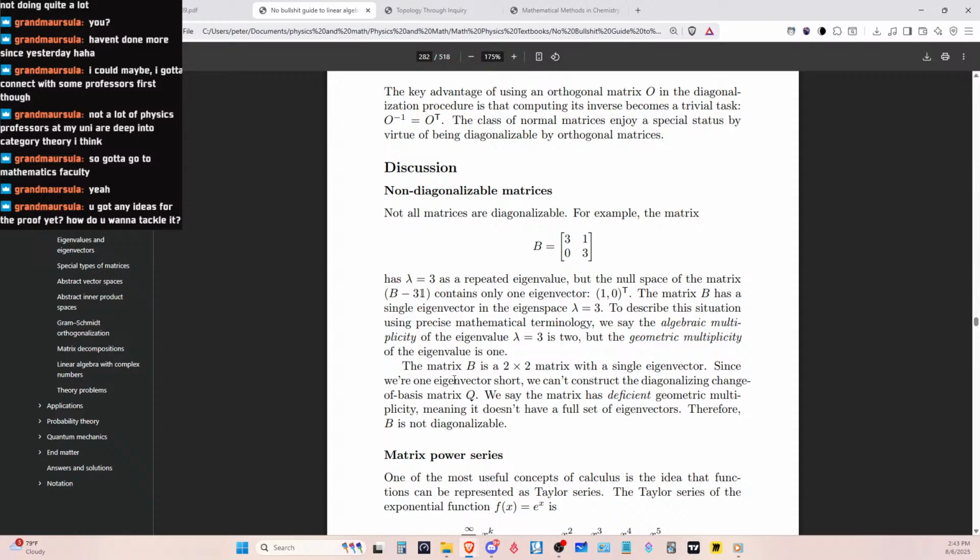Now, since we are one eigenvector short, we can't construct a diagonal change of basis Q. We say that the matrix has a deficient geometric multiplicity, meaning it doesn't have a full set of eigenvectors. Therefore, B is not diagonalizable.